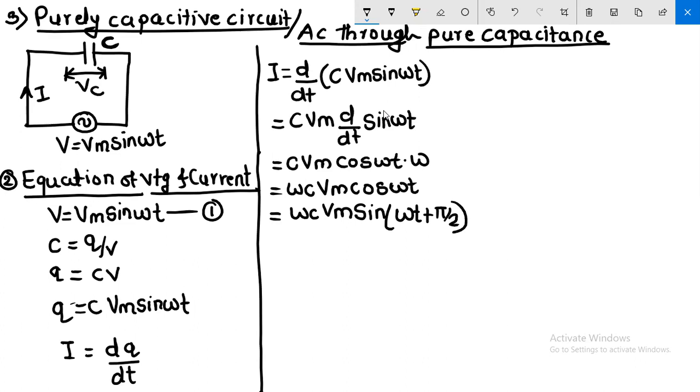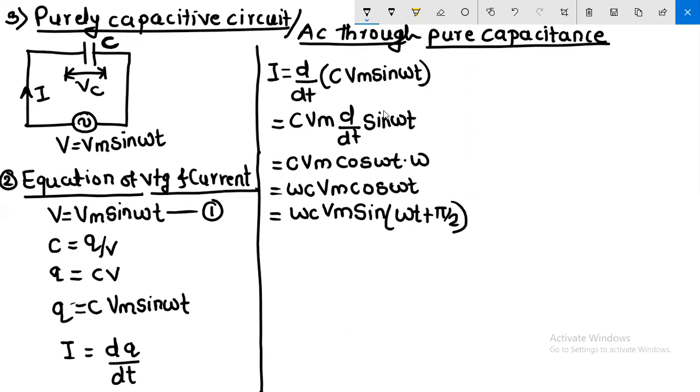Now here one term comes, omega C, but that is in the numerator. I want to shift it into the denominator, because I have to compare with the standard equation of the voltage.